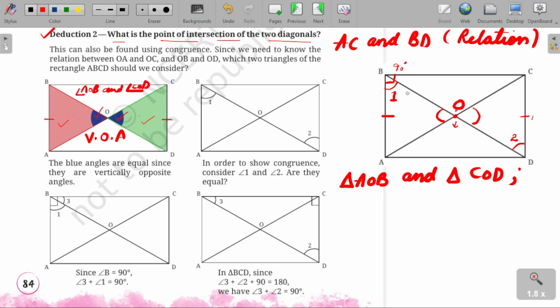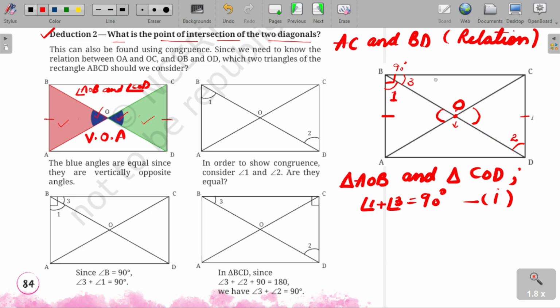Take this angle, angle 3. The whole angle is 90 degrees. That means angle 1 plus angle 3 should also be 90 degrees. These are the parts of the whole angle, right?